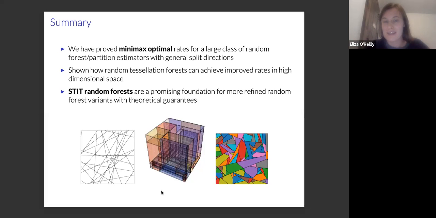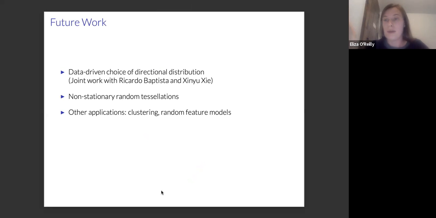I think STIT random forests are a really theoretically amenable class of random partitions, both to develop more refined random forest variants, but also to use in other applications that use random partitions. So there's lots of interesting directions where I think these tools in stochastic geometry could be useful.